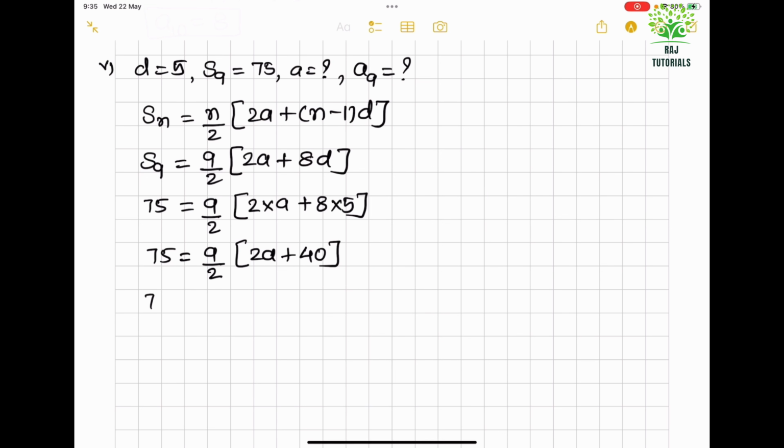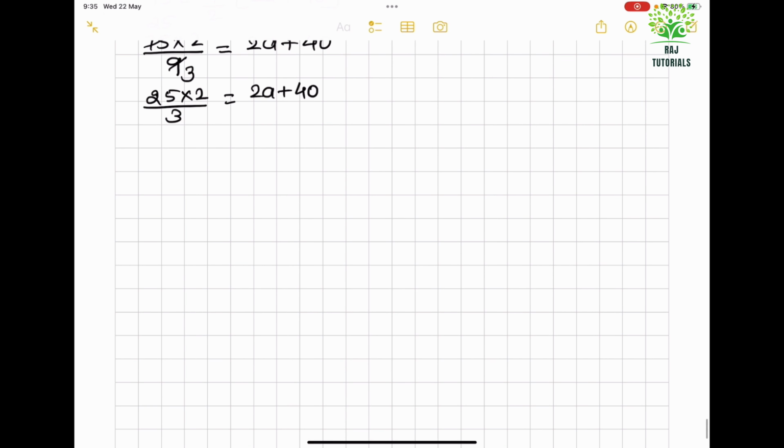So I can say 75 into 2 by 9 equal to 2a plus 40. So 25 into 2 by 3 equal to 2a plus 40. So 25 into 2 will be 50. 50 divided by 3 minus 40 equal to 2a.